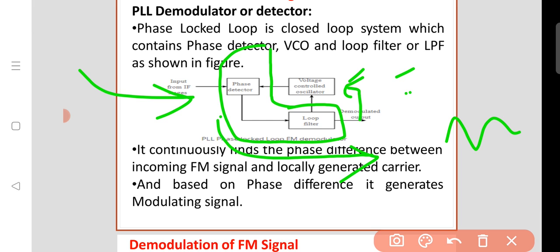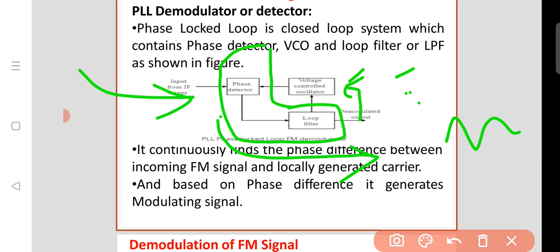This phase detector consists of two components, one of which is a multiplier. The phase detector multiplies the feedback signal. Then the signal passes through the voltage controlled oscillator and is again applied to our phase detector.